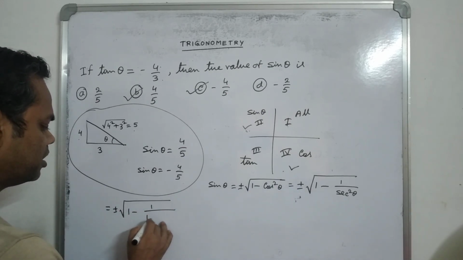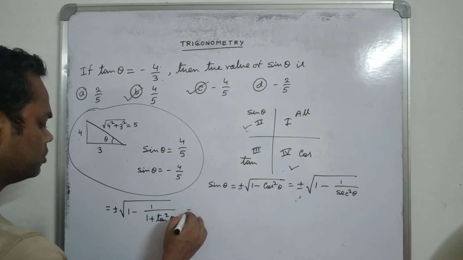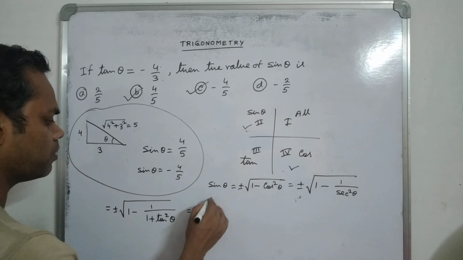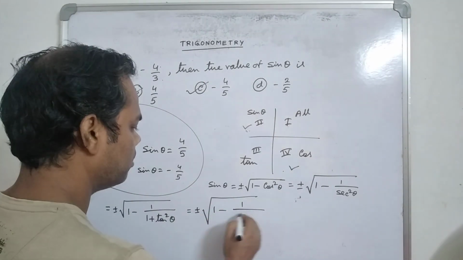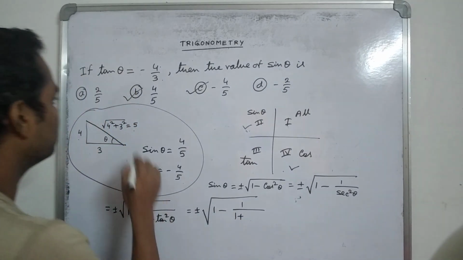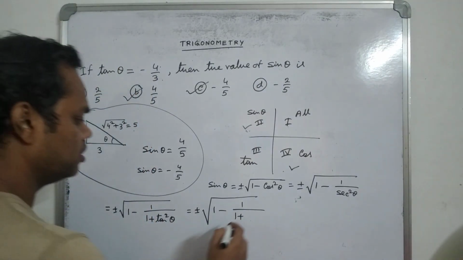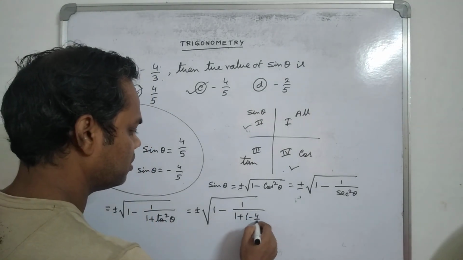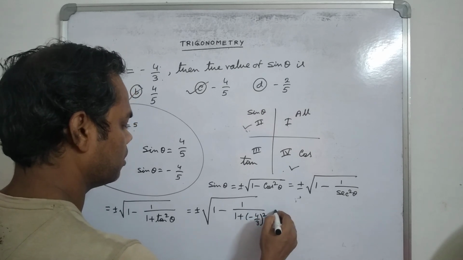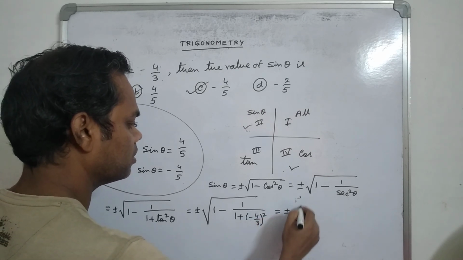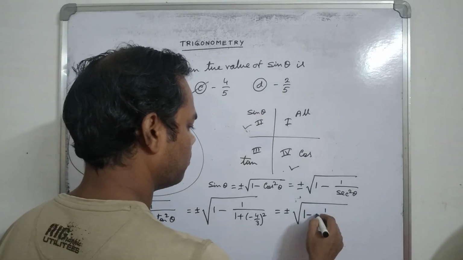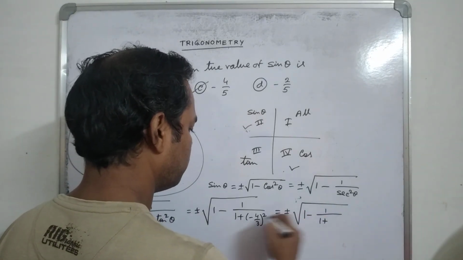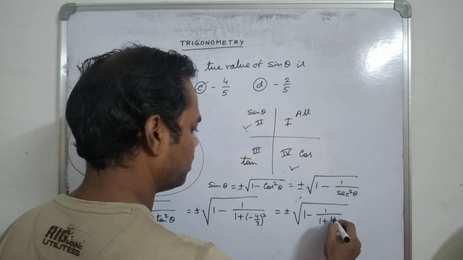Sec square theta can be written as 1 plus tan square theta. So plus minus square root of 1 minus 1 by 1 plus tan square theta, where tan theta is minus 4 by 3. So minus 4 by 3 whole square, that is 16 by 9.